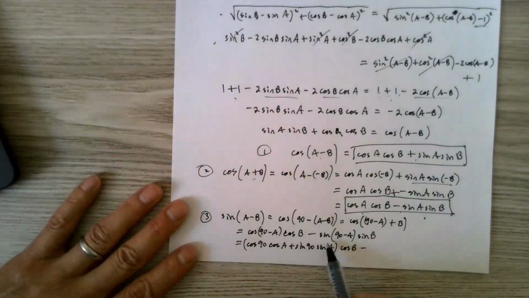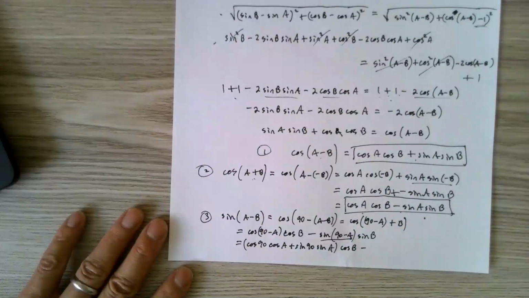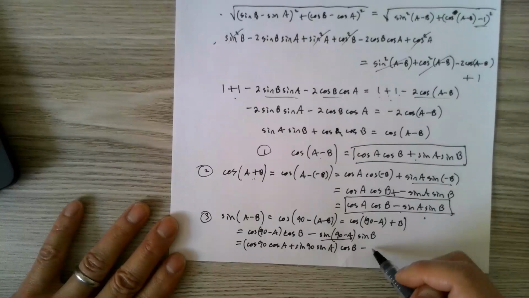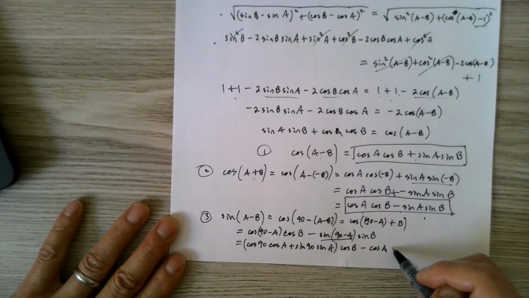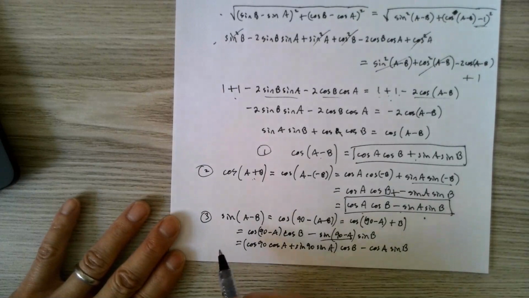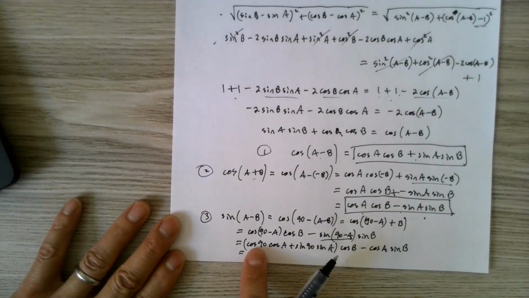Oh, and then I'm going to rewrite this. Since I haven't derived sine of A minus B yet, I'm going to rewrite this as cosine of A sine B.